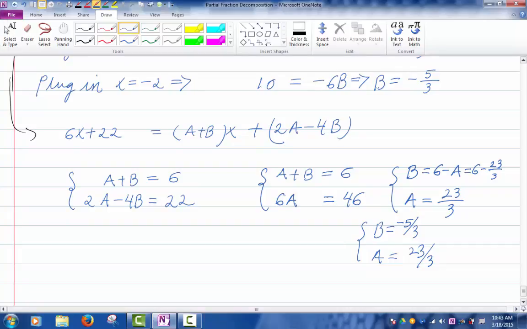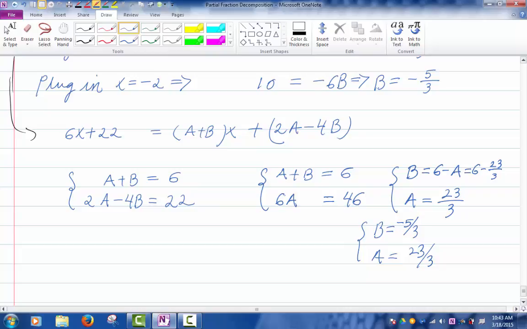The second way that I did, obviously, if you have more variables a, b, c, d, e, you get more equations to handle and so on. Yeah. In the second part of 6a equals 46, how did you get rid of the b? I multiplied the first equation by 4, added to the second. So this would be 4a plus 2a, 4b plus minus 4b will cancel out, 4 times 6 plus 22.